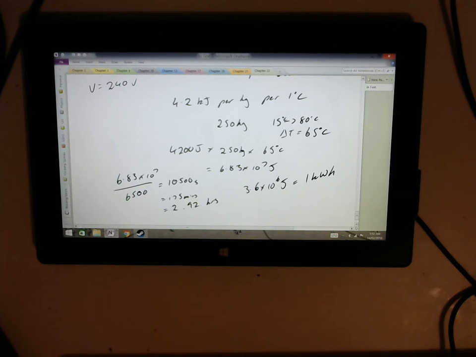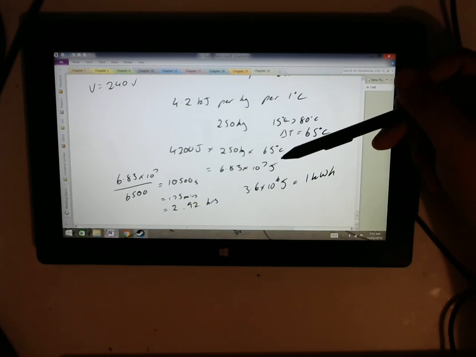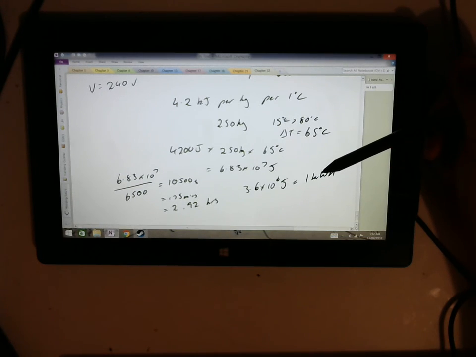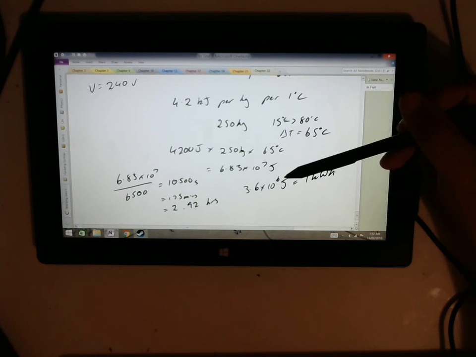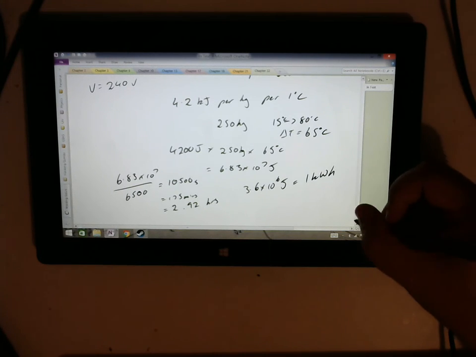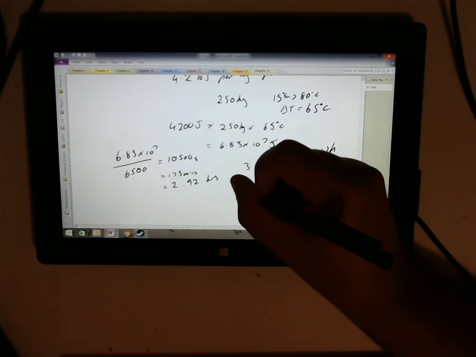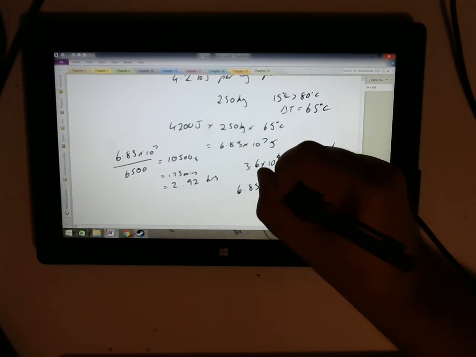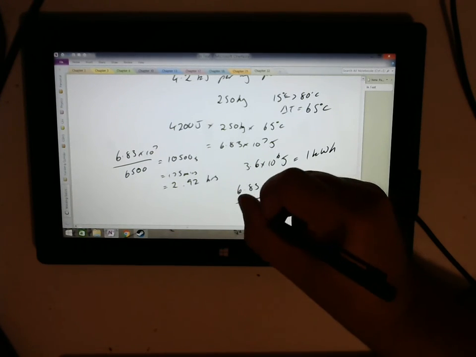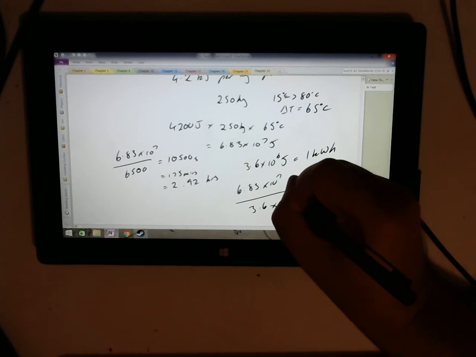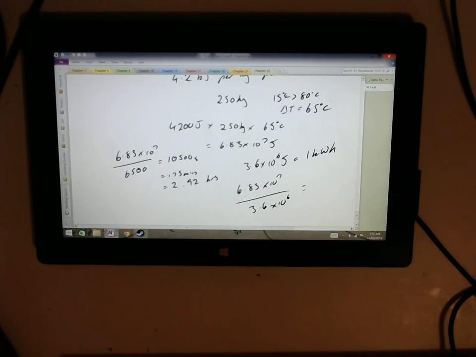We know it's this many joules, and we're told that this many joules equals 1 kilowatt hour. So dividing these two numbers will tell us how many kilowatt hours there actually are. 6.83 times 10 to the 7 divided by 3.6 times 10 to the 6.